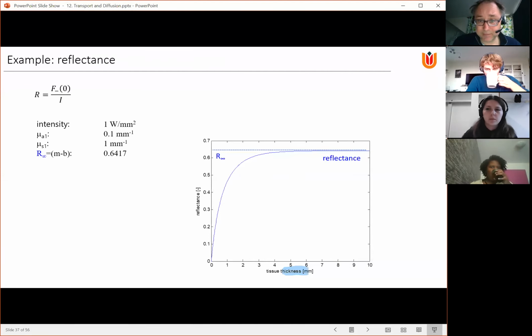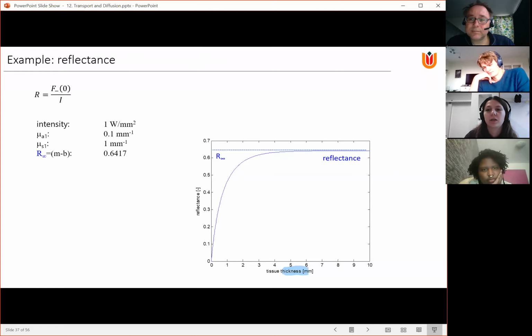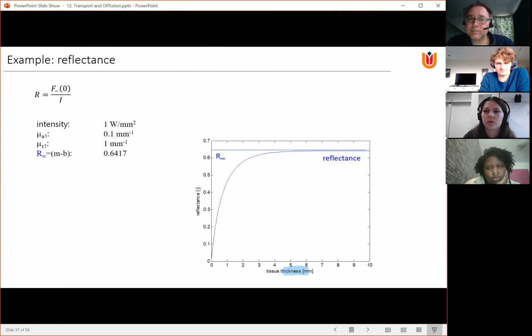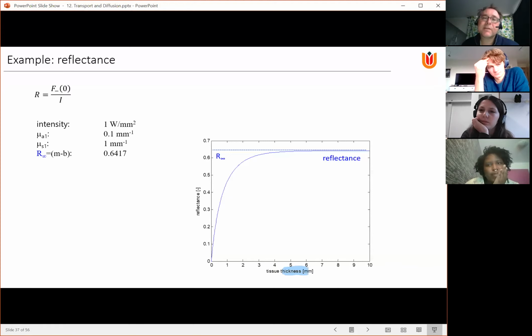I do not totally get why the reflectance at infinity only goes to 0.64, because I would think if you have a very thick slab, then the chance will be really low that the light comes out in the other end, right? Because it has so many scattering events in between. So I would think it goes closer to 1, but that's not the case. No, that's right, but that's the case because there is an absorption coefficient.